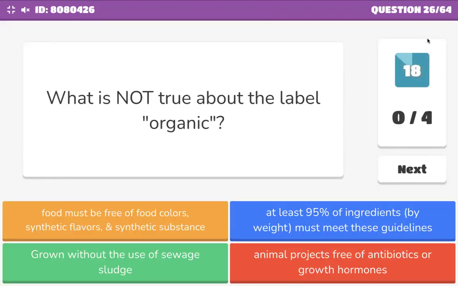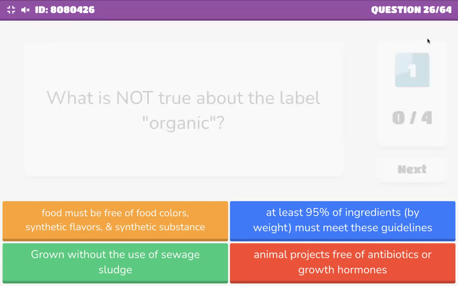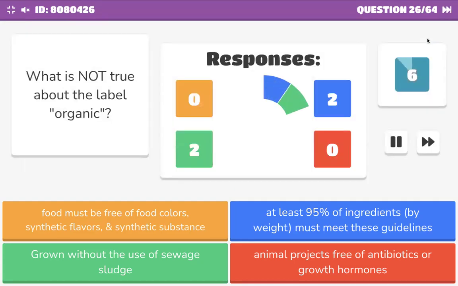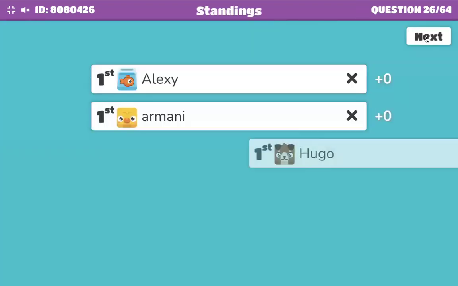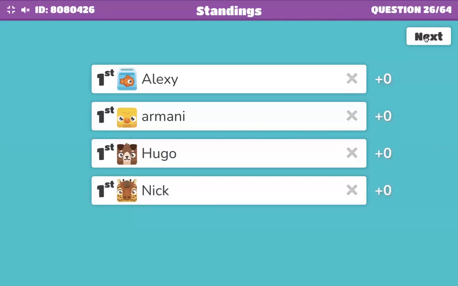What is not true about the label organic? And this is pertaining to the act, how they used to define this word. Food must be free of food colors, synthetic flavors, and synthetic substances is not included on there. But all the other three are.